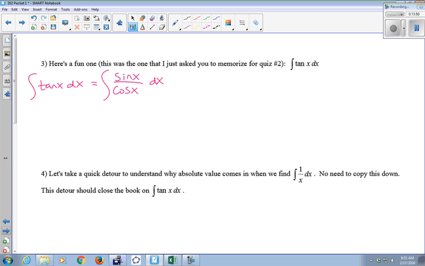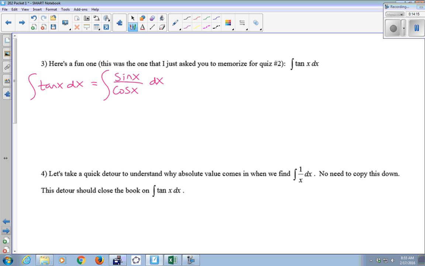The derivative of sine is cosine, and the derivative of cosine is negative sine. So I could use u substitution as a good prospect here, because we have functions in the integrand whose derivatives also show up in the integrand. You might guess sine x will work, but that one won't. So let's try u equals cosine x.